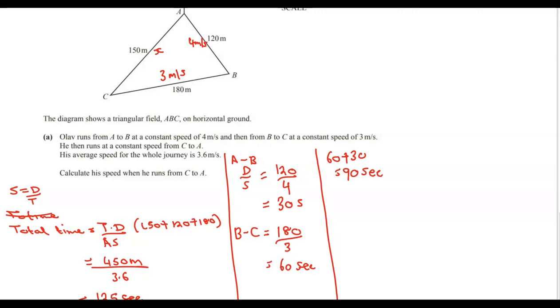So the remaining time they are going to use from C to A is we take 125 and subtract 90 seconds, which gives us 35 seconds.